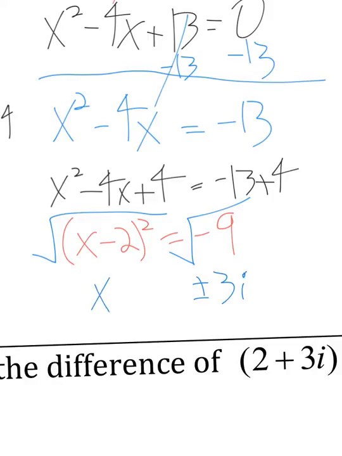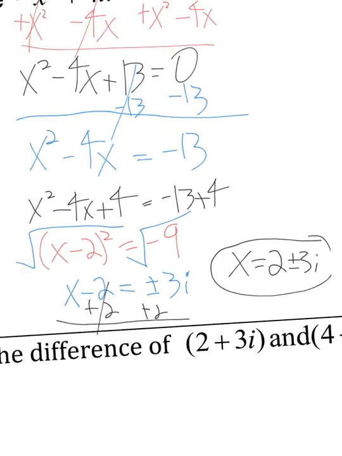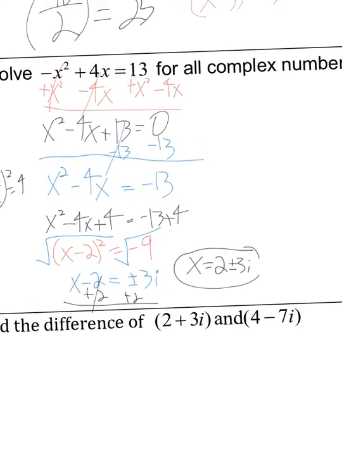So I have x minus 2 equals plus or minus 3i, and then you add 2 to the other side, and you get x equals, so I'll write the 2 first, positive 2 plus or minus 3i, and that's the final answer. That is solving it across complex numbers.